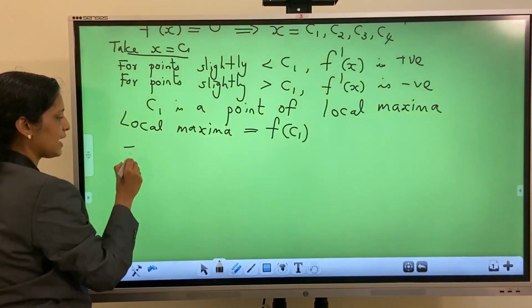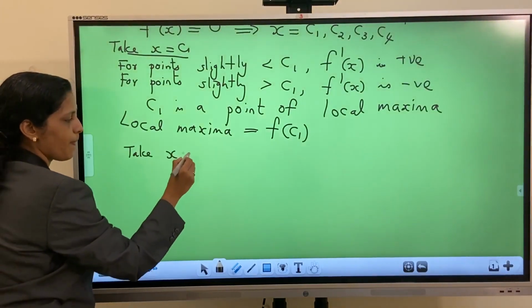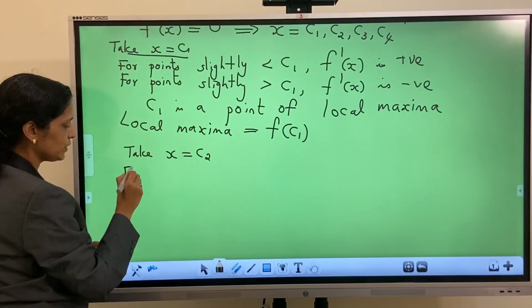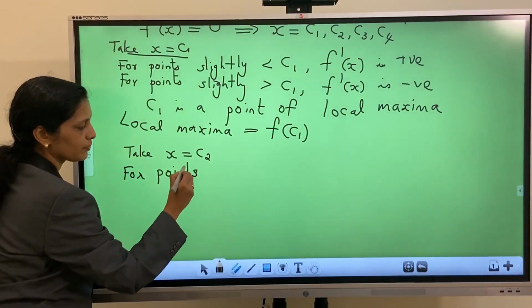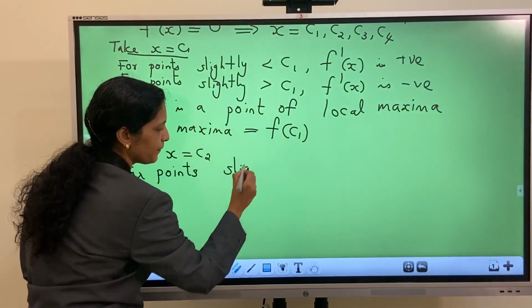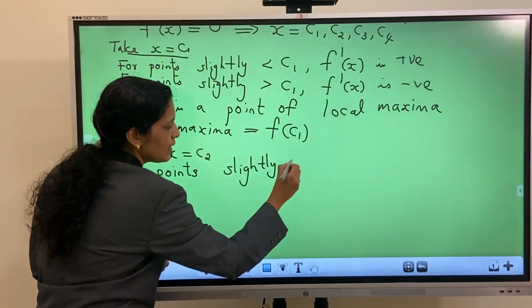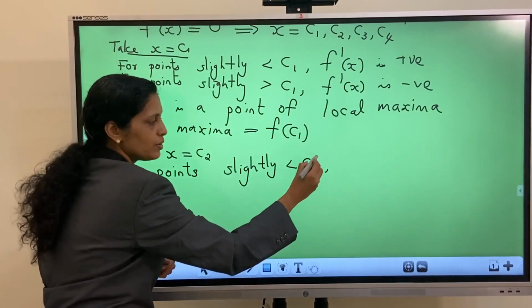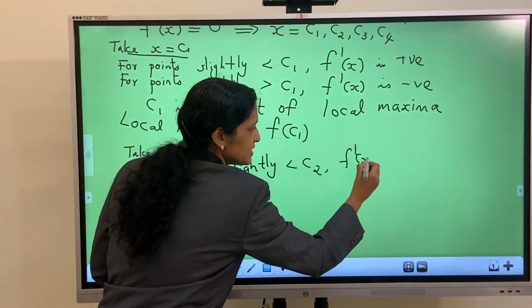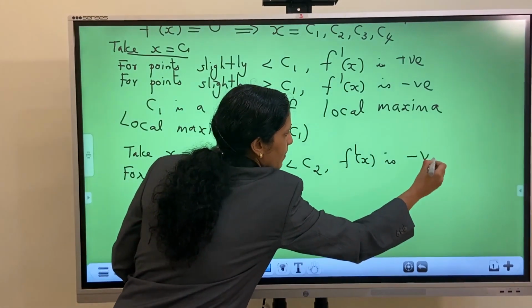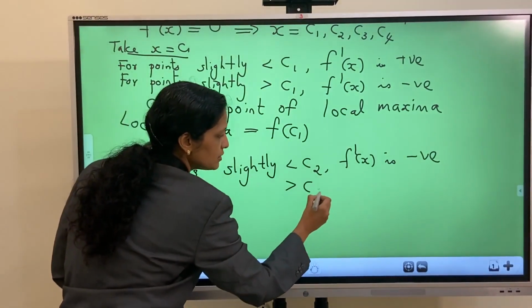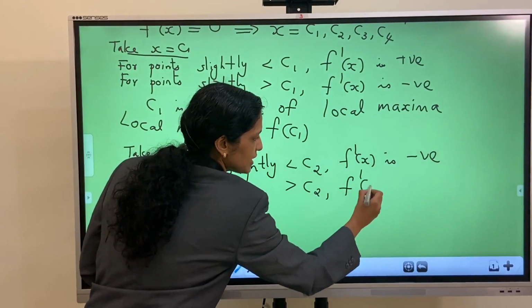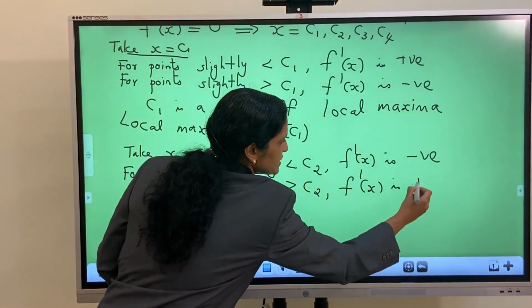Then take x as C2. For points slightly less than C2, f dash x is negative, and for points slightly greater than C2, f dash x is positive.